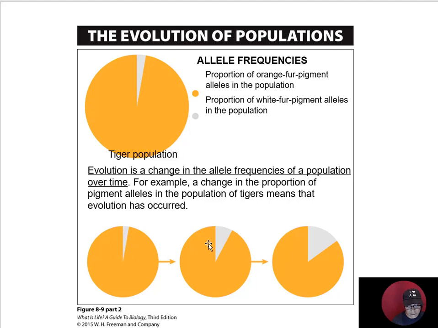Over time, something has occurred where we get a greater and greater proportion of white fur pigment in tigers. When we get this change in allele frequency of a population over time, that means that evolution has occurred. Okay, that is the definition of evolution.